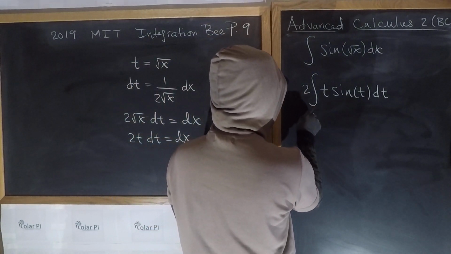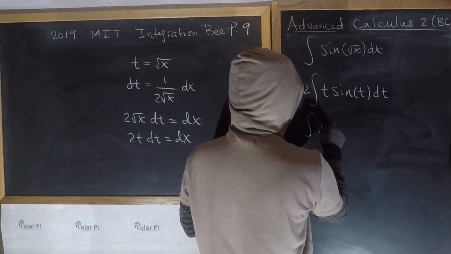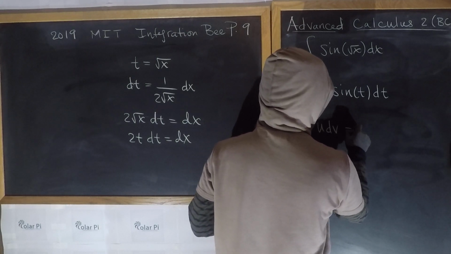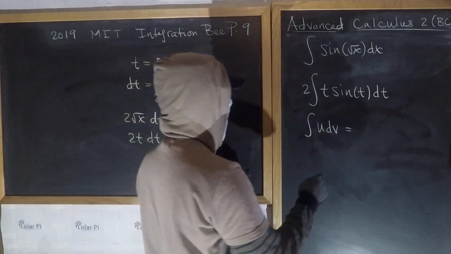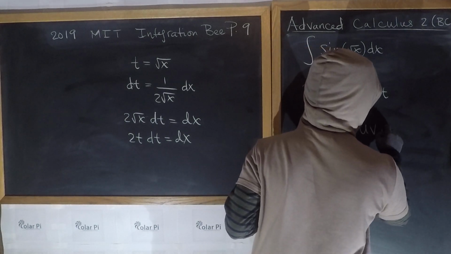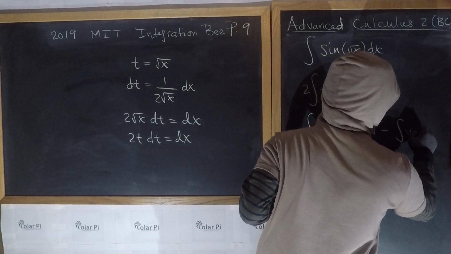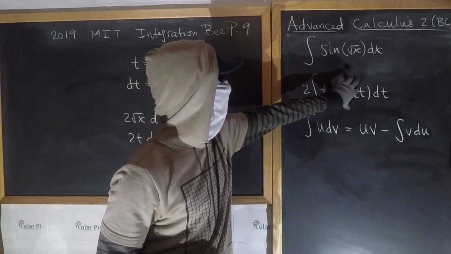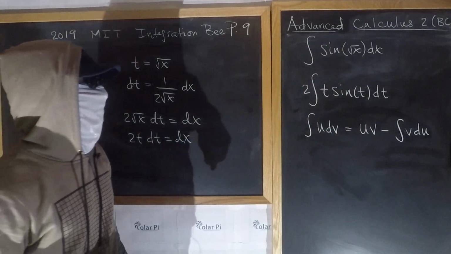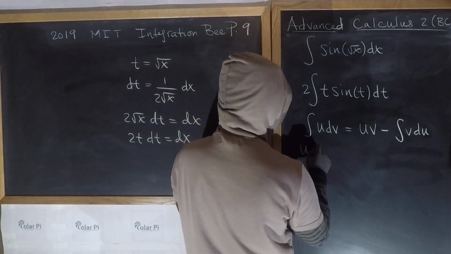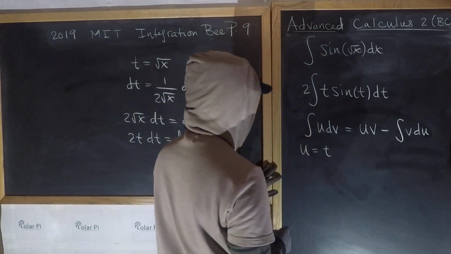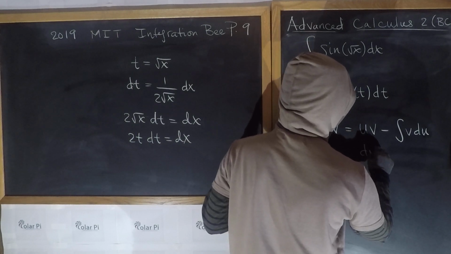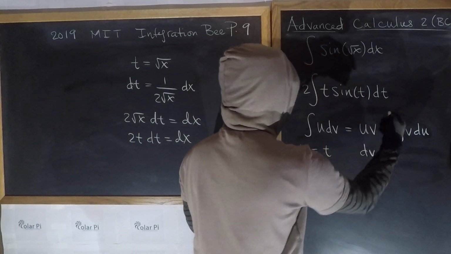So we recall the integration by parts formula says that the integral of u dv is equal to uv minus the integral of v du, right? So we have to look at this integrand and pick out a u and a dv. For u, I suggest we pick t, and then for dv, we pick the rest of the integrand.